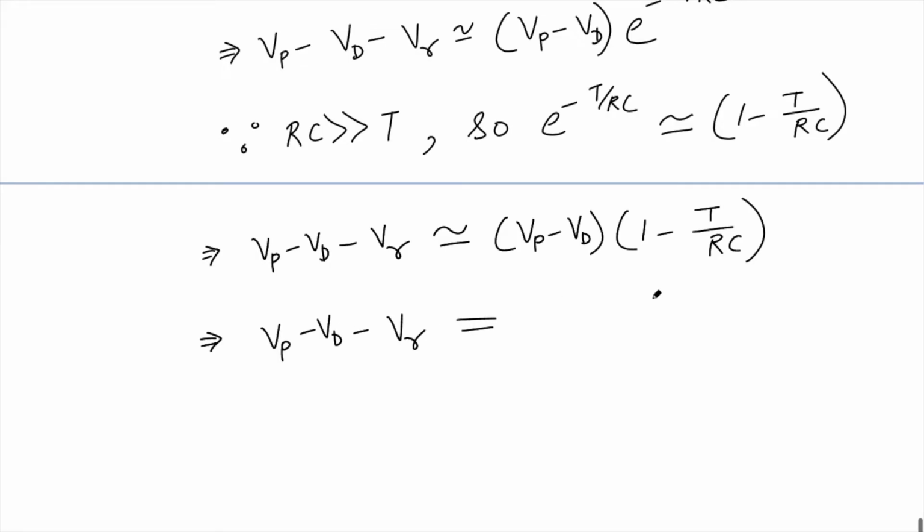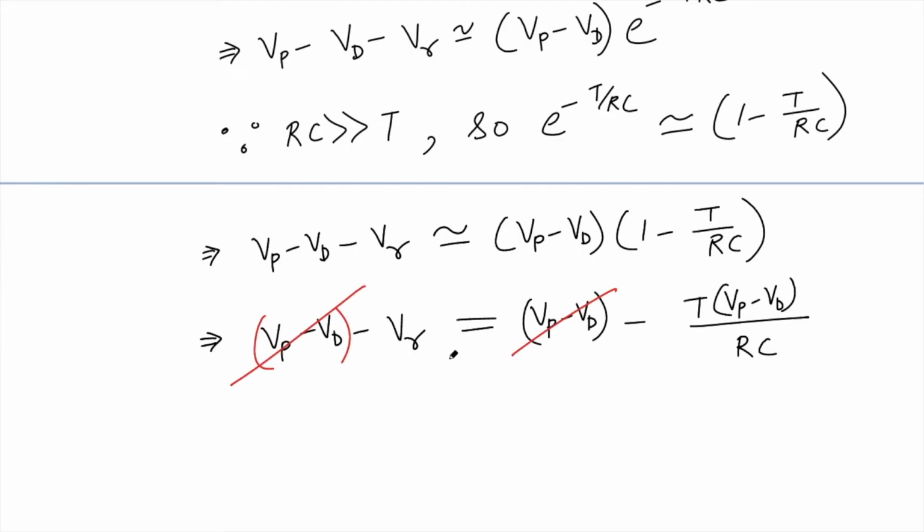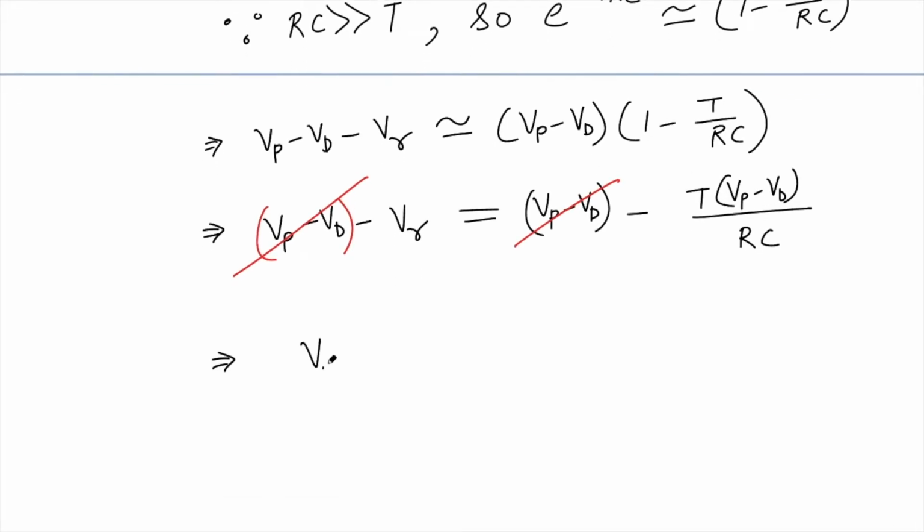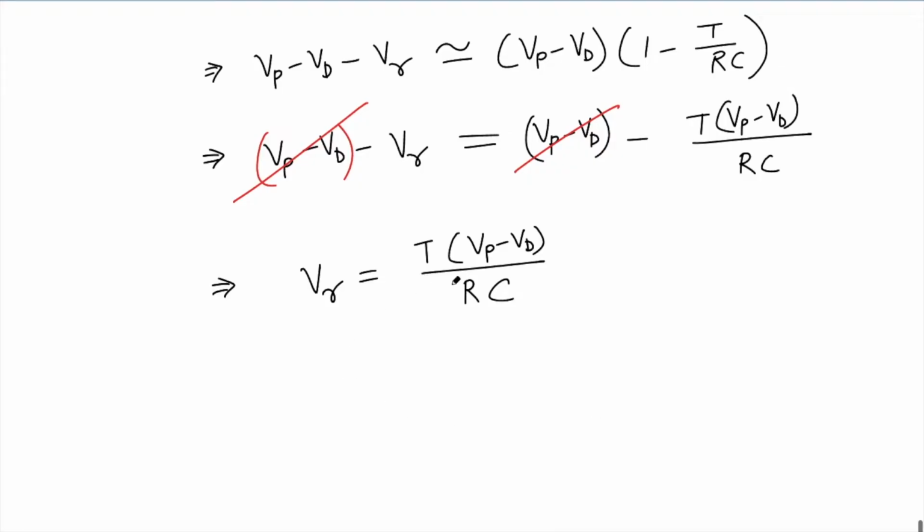It is approximately equal to, but we can still write VP minus VD, and then this is going to become T, VP minus VD by RC, or in one sense this and this get cancelled. Okay, so finally what I'll get is T and VP minus VD by RC.